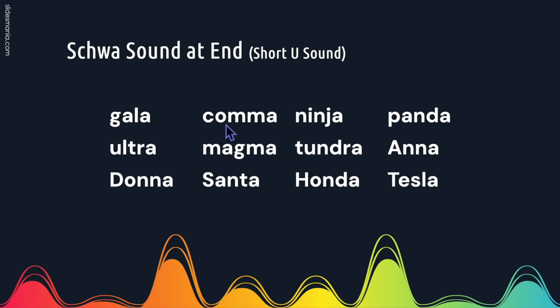Gala, comma, ninja, panda, ultra, magma, tundra. It's very common for names to end in the letter A and have the schwa sound, like Anna, Donna, Santa, Honda, and Tesla.